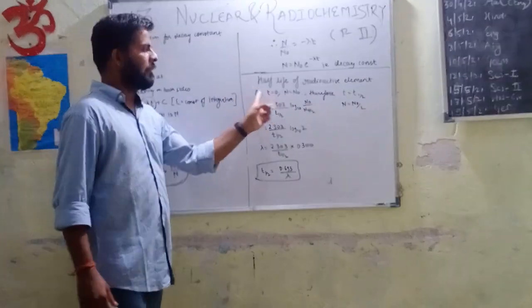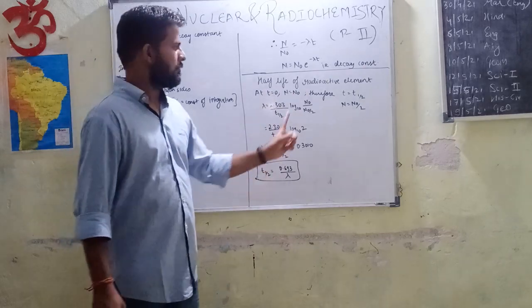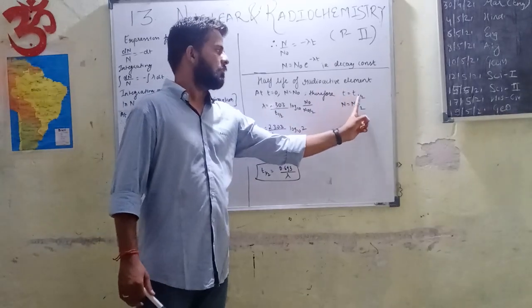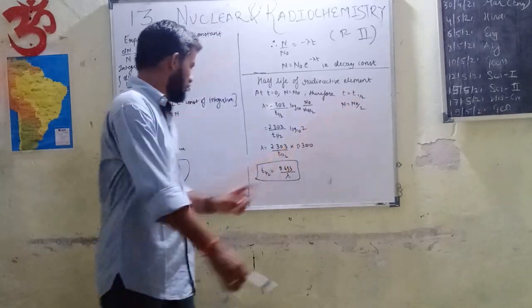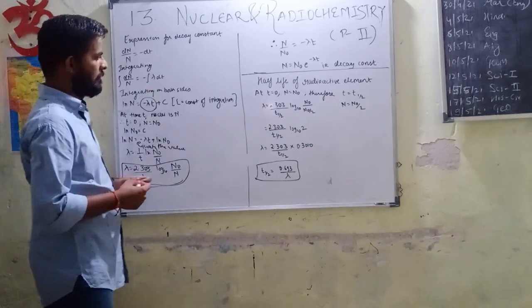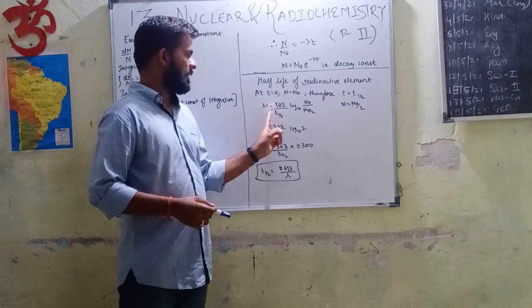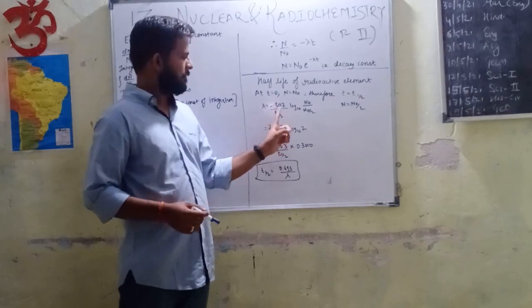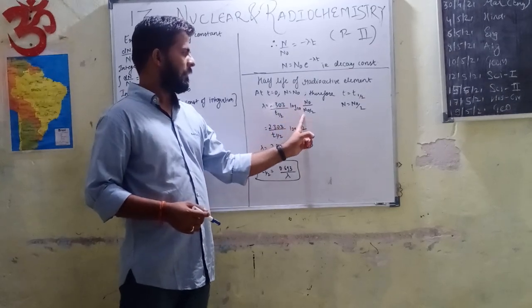So at t is equal to 0, n is equal to n0. Therefore, t is equal to t half and n is equal to n0 by 2. Now lambda is equal to 2.303 by t half log to the base 10 n0 by n0 by 2.